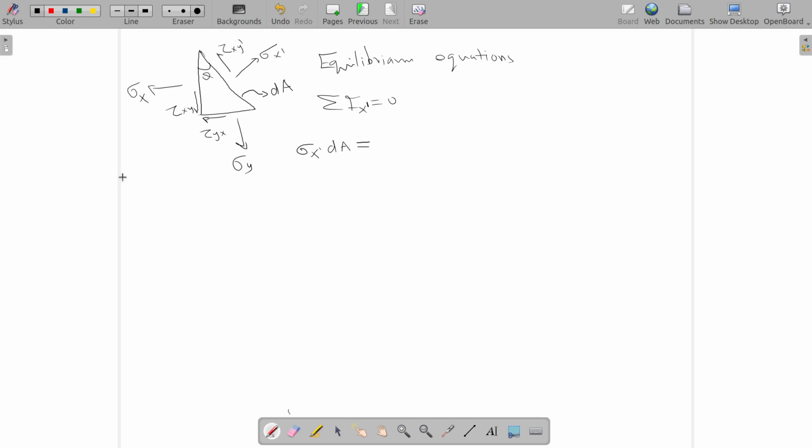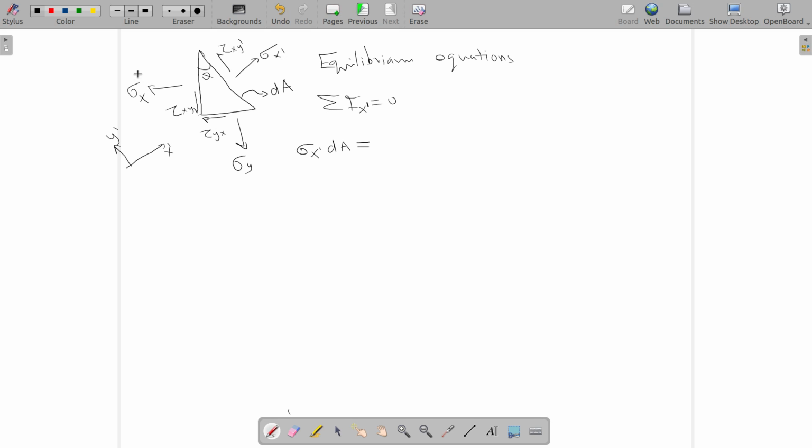So this is the x dash direction. So what is the advantage of that? If you take x dash direction, there will be no cos or sine component for sigma x dash dA. Sigma x dash dA will be the term, and you can simply equate the whole term with sigma x dash dA.